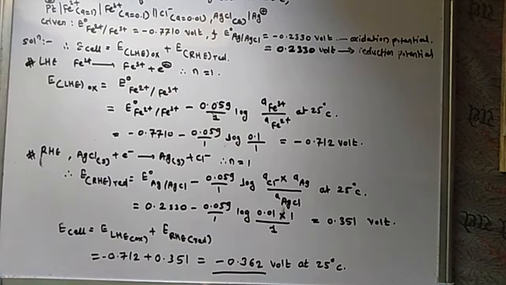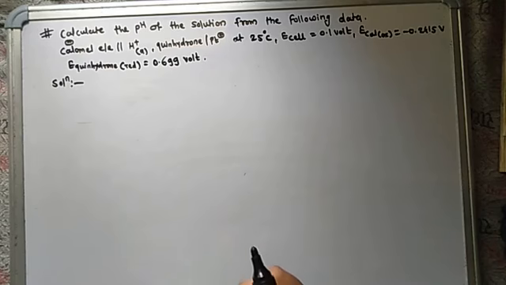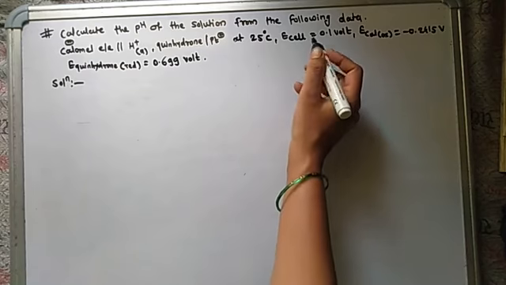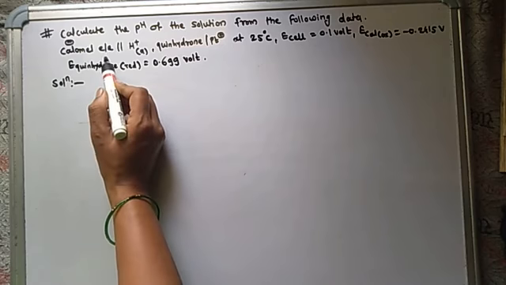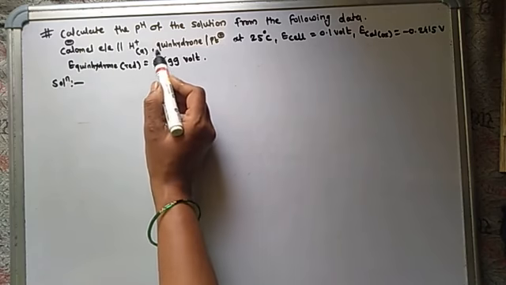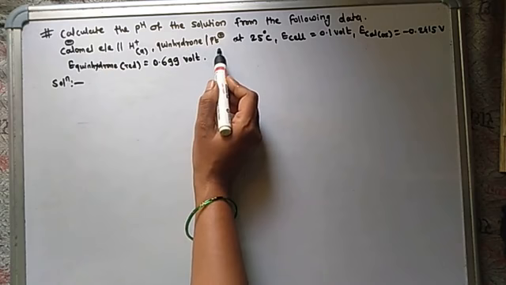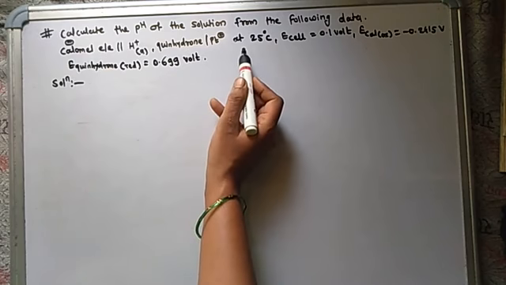Now let's solve the next problem, to calculate the pH of the solution from the following data. The cell is: calomel electrode, salt bridge, H plus, quinhydrone, platinum, at 25 degrees Celsius.